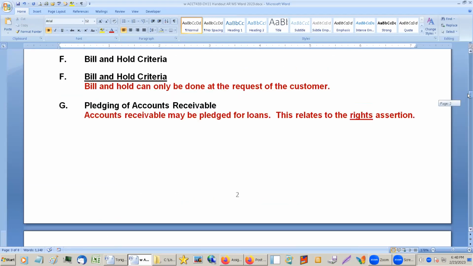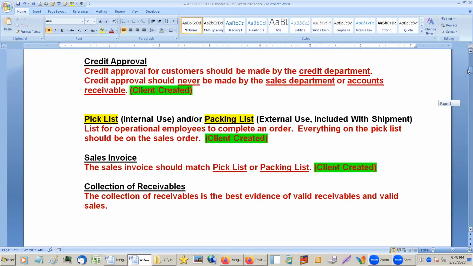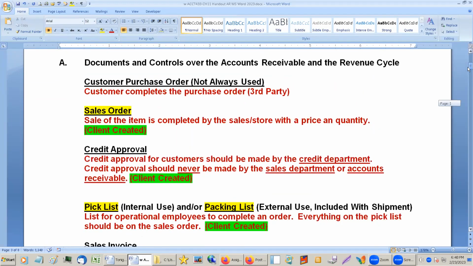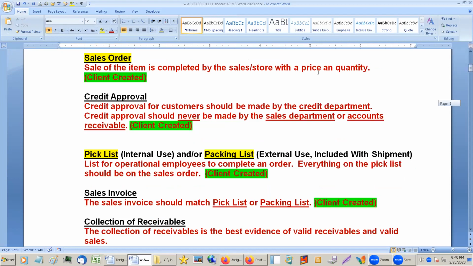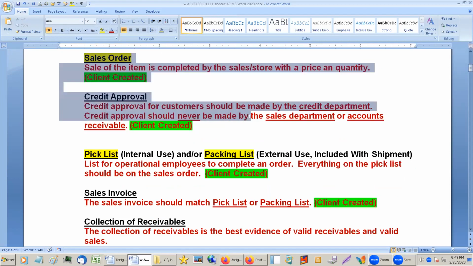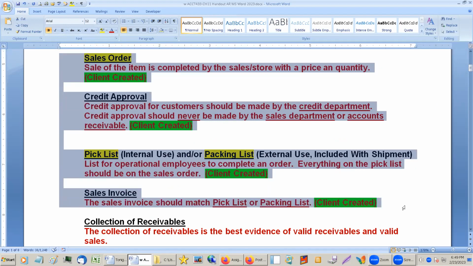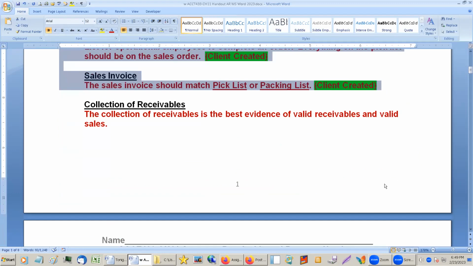Now, going back up here, all of this stuff, the sales order, credit approval, pick list, sales invoice, this is all the worst evidence. Client created it, client holds it.